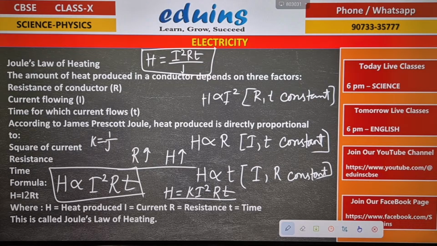So this is Joule's law of heating, where H is the heat produced, I is the current, R is the resistance, and T is the time.